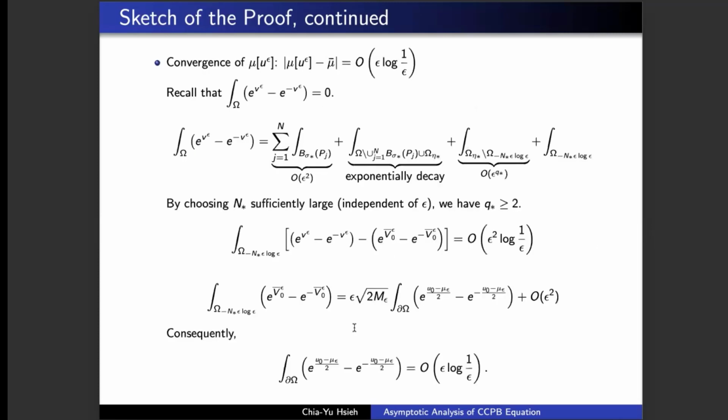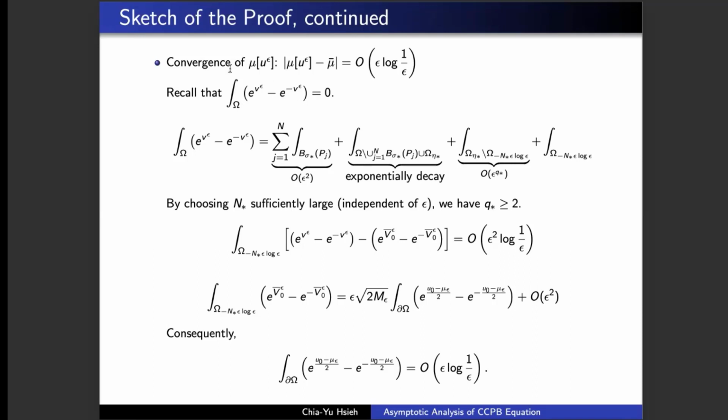Also, we want to prove the convergence of mu, to show that the coefficient mu will converge to mu bar. We also start from an identity, but we take the difference: the integral of e to the b minus e to the minus b is 0.